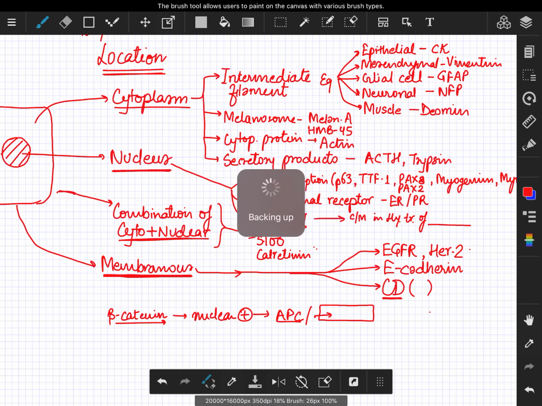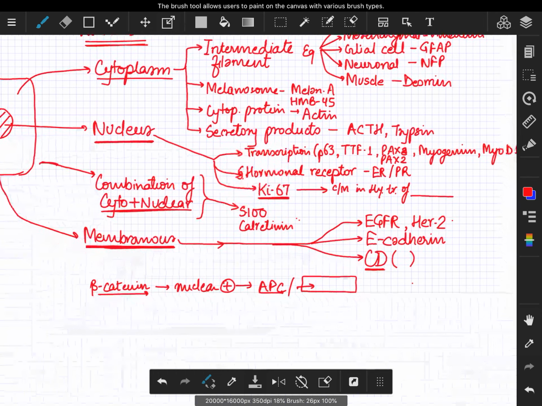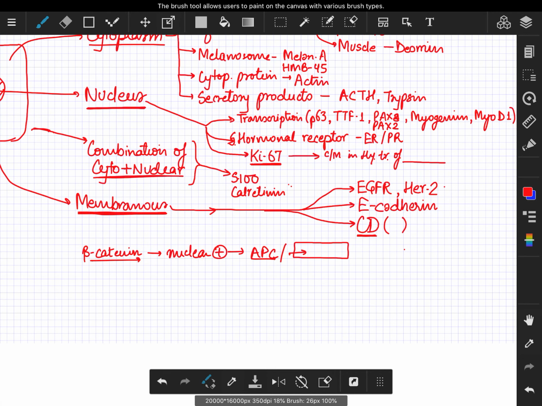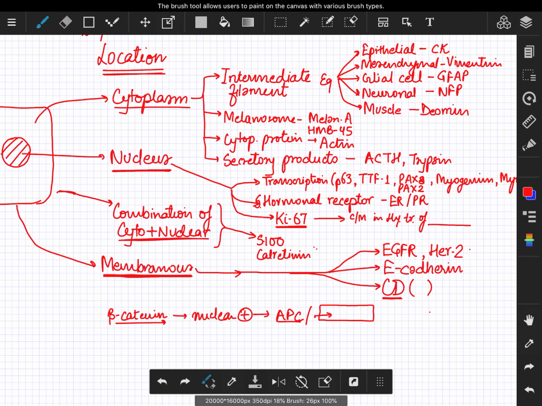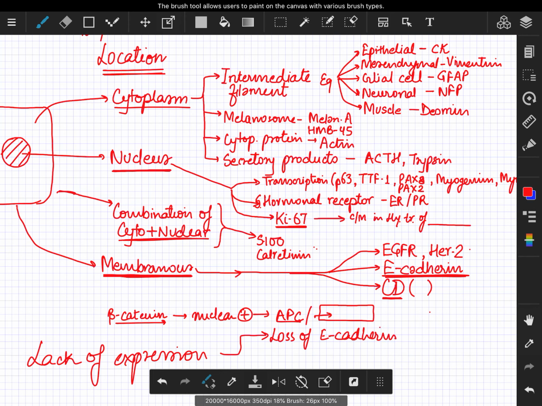So, these are the examples showing their site of expression, but sometimes it is important that there is a lack of expression. Lack of expression of some markers is important. Let me just give you a few examples. For example, the E-cadherin I mentioned: the loss of E-cadherin is a marker of lobular carcinoma of the breast.